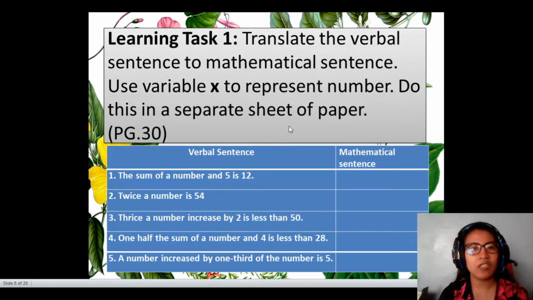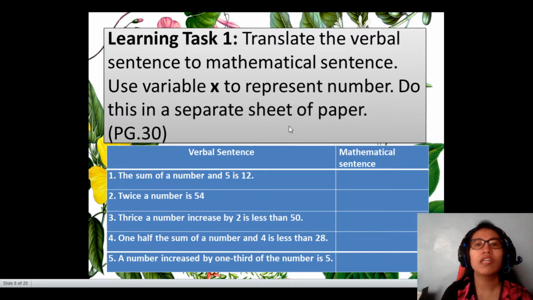So let me just explain your learning task 1. For your learning task 1, you're just going to translate, the same with my examples. Translate the verbal sentence to mathematical sentence. And use the variable x. So you just use the variable x to represent a number.